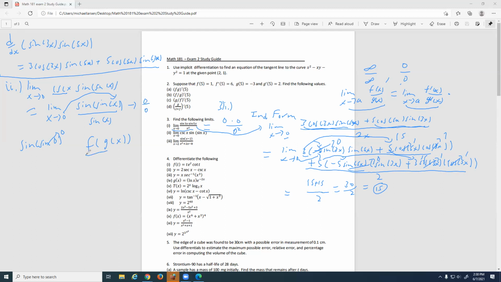If you could refresh my memory, I forget how exactly the formula for that goes. I don't know if there's a certain formula with that. I believe it was f prime g of x times g prime of x.